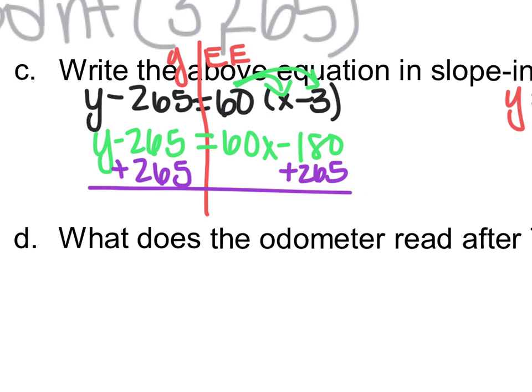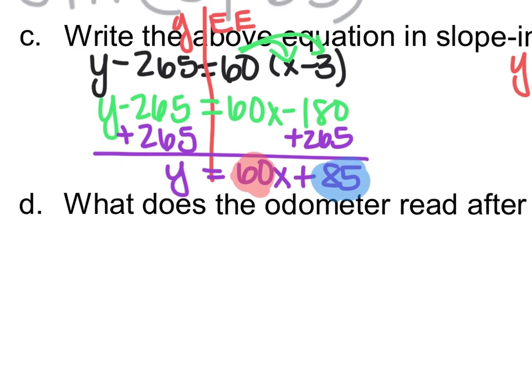I'm adding it to the 180 because notice this has an x, neither of these does, so these are like terms. So we end up with y equals 60x plus 85. Where my slope is 60 and my y-intercept is 85.